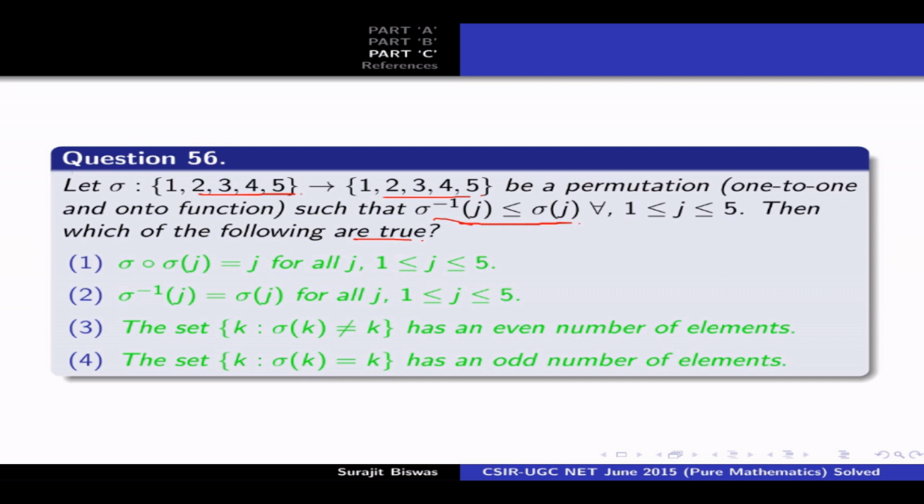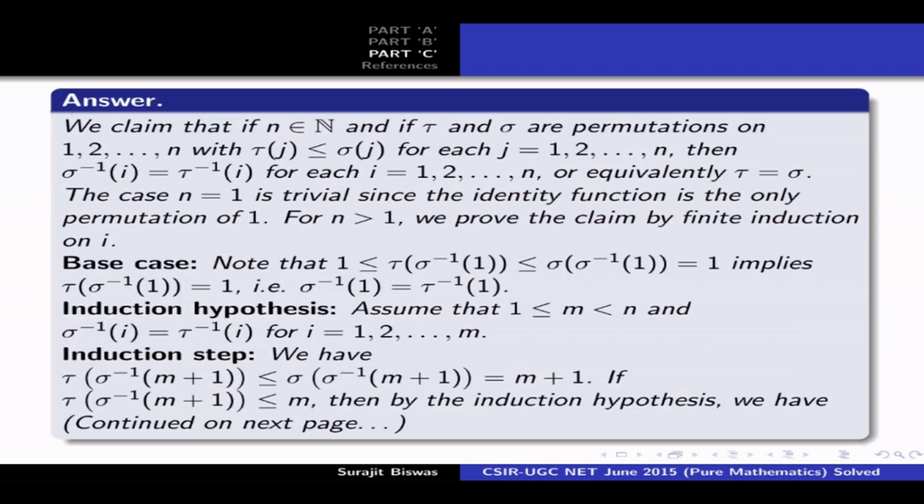For that, we start with a claim. We claim that if n belongs to the natural numbers and if tau and sigma are permutations on {1, 2, ..., n} with tau(j) ≤ sigma(j) for each j = 1, 2, up to n, then sigma inverse of i equals tau inverse of i for each i, or equivalently tau equals sigma.